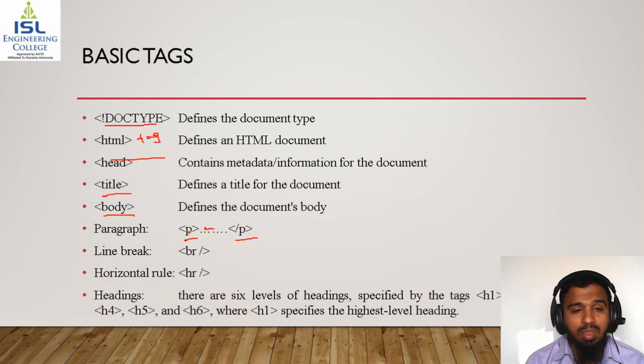Next, line break. Line break is nothing but BR. From here directly, it will come to the next line. That is called break line or line break, and that will be represented as BR slash.